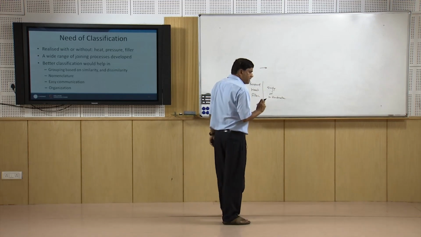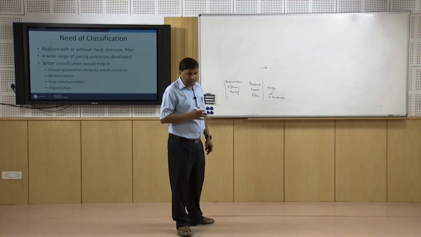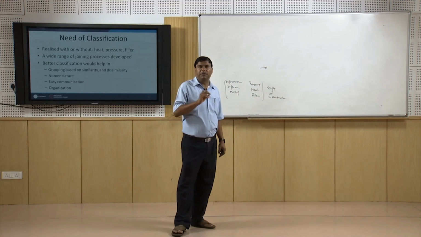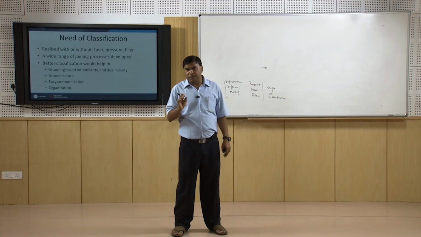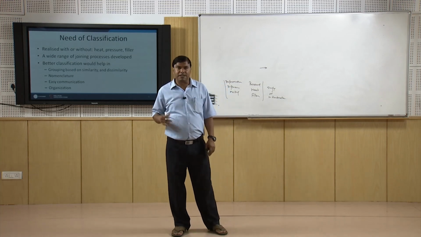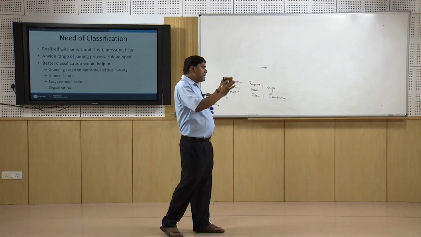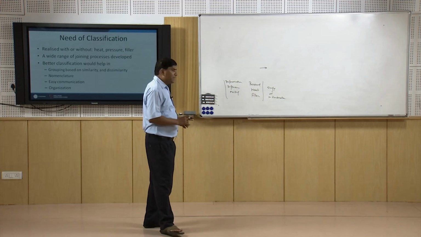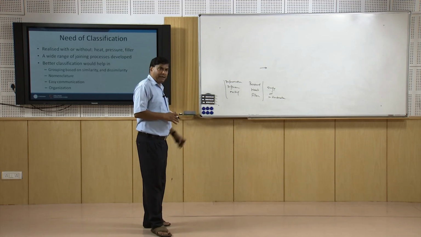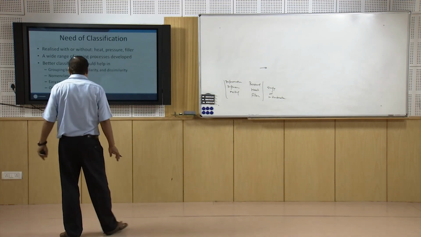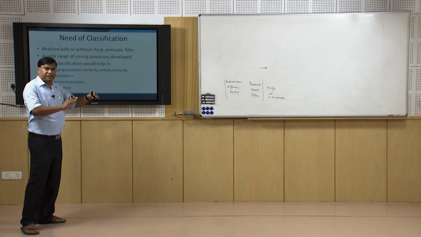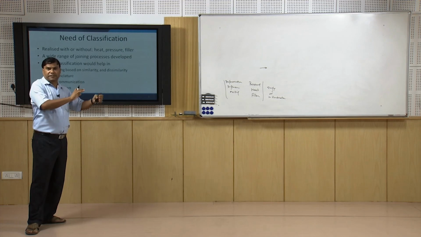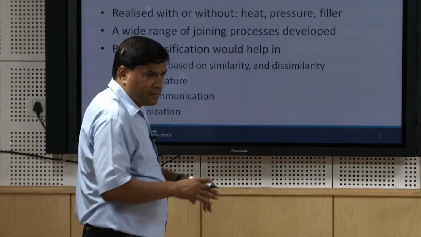So, one reason to classify is that we want to see how the grouping of the different joining processes is possible based on fundamental similarities or dissimilarities. We can also organize the different joining processes effectively if they are classified properly. Organization means all solid state joining processes, or resistance welding processes, or fusion welding processes, or arc welding processes.